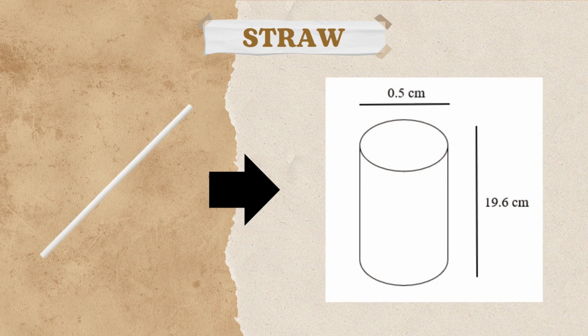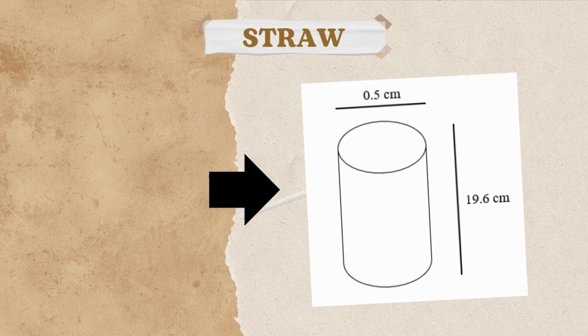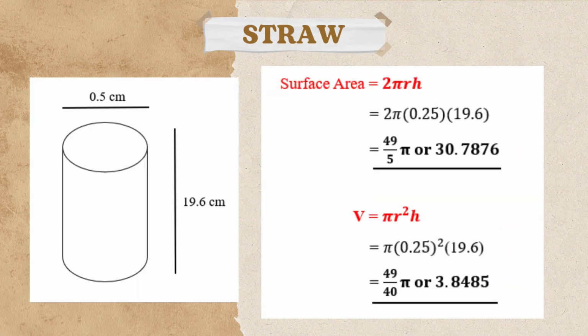Oh, I see. And what about this straw? I am certain that is a cylinder, yes? You are correct. It is a cylinder. Let's start by trying to find its volume. To find its volume, we will use the formula pi r squared h with the information that we have, where the radius of the straw is 0.25 cm and its height is 19.6 cm.